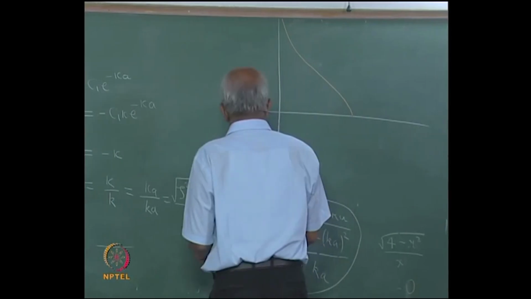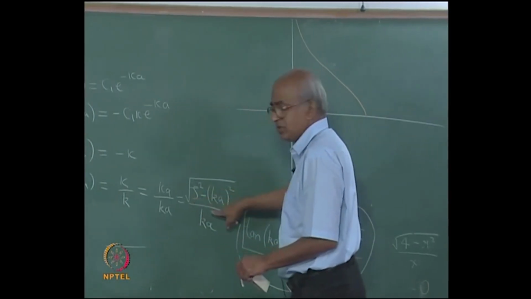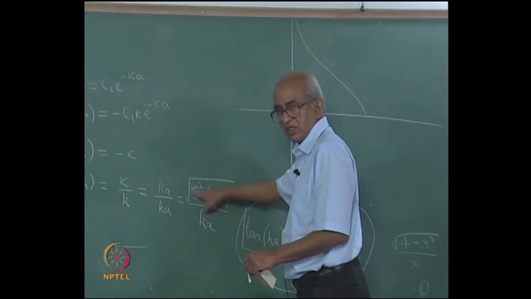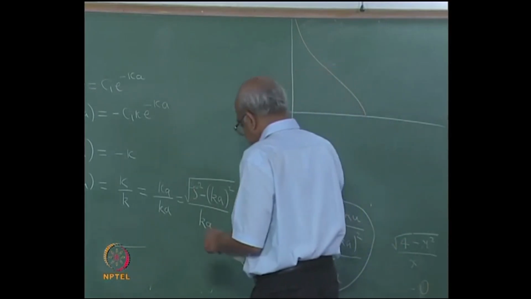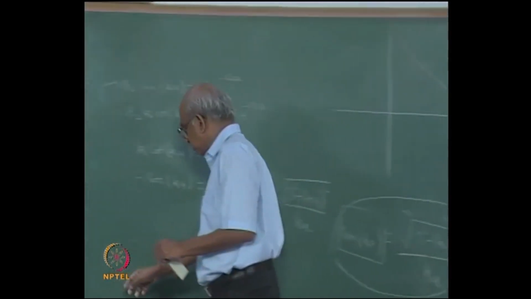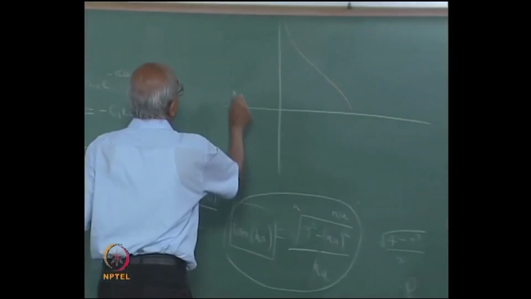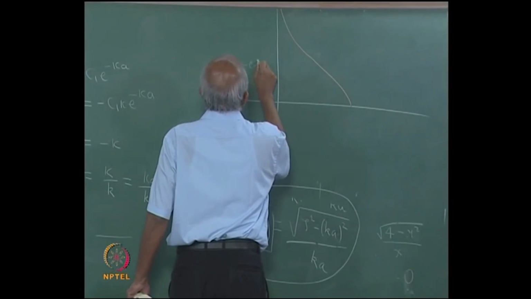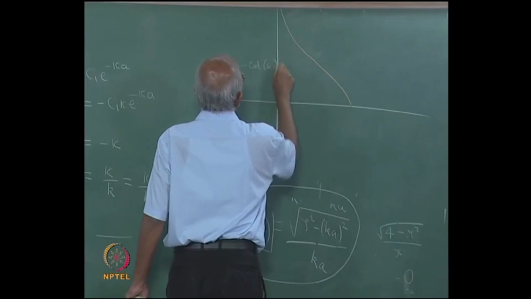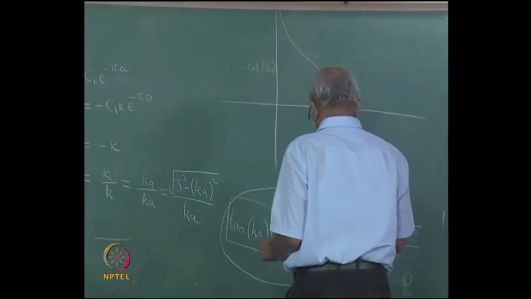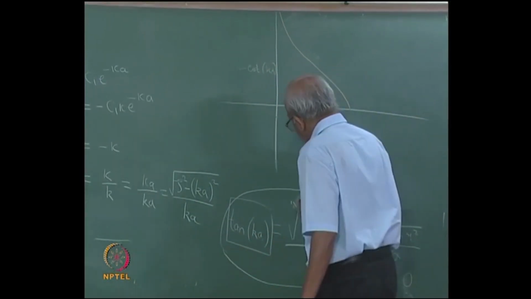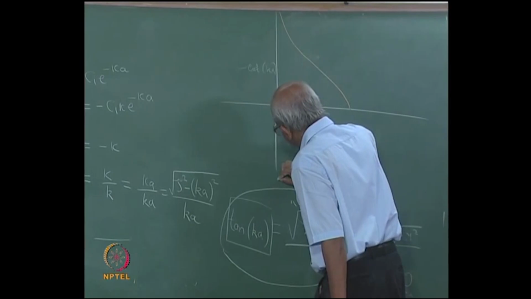What is this? Actually, this is just the right hand side, right. The right hand side is what I have plotted now, and then the other thing that I should plot is minus cot Ka. Well, let me just make a plot of minus cot Ka. It looks like this.